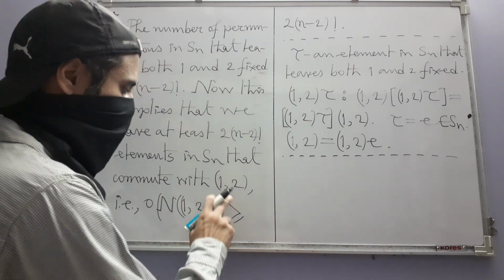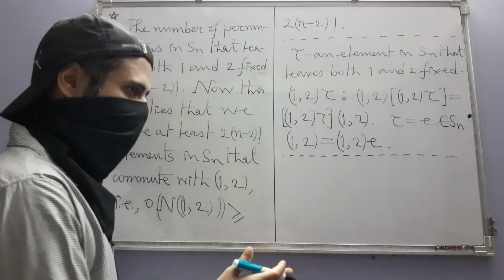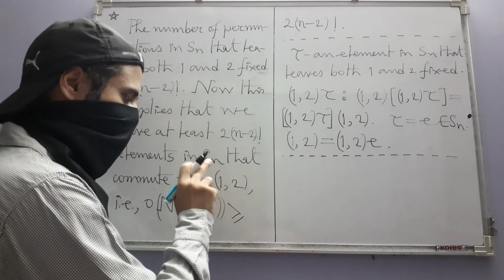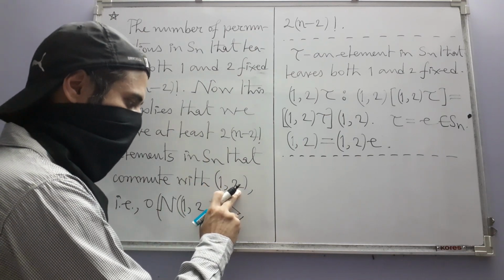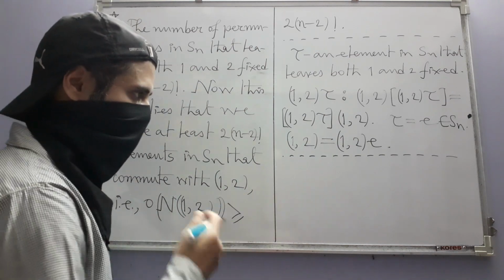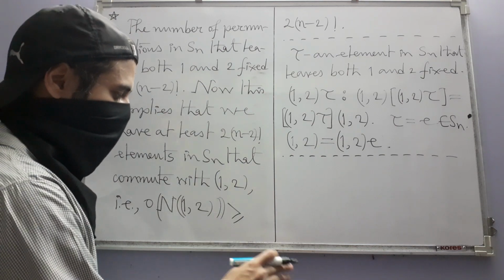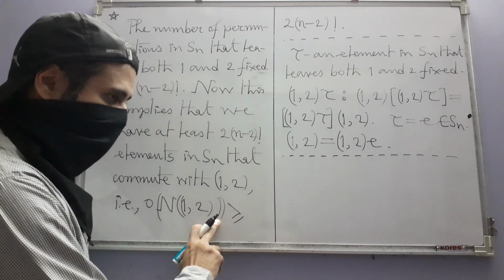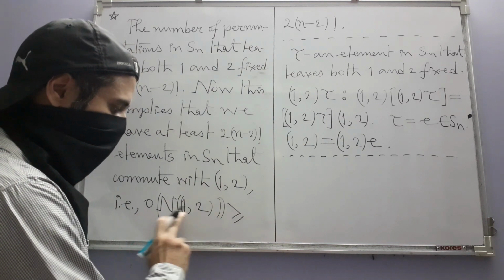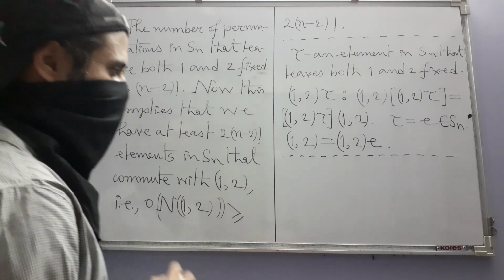The cycle structure of this 1 comma 2 is 2, that means it has only one 2 cycle. So the conjugates of 1 comma 2 in Sn are precisely all the 2 cycles. So we just have to count up the number of 2 cycles in Sn. And that number is related to the order of the normalizer. In fact, if we multiply that number with the order of the normalizer, we should get the order of Sn itself, that is n factorial.